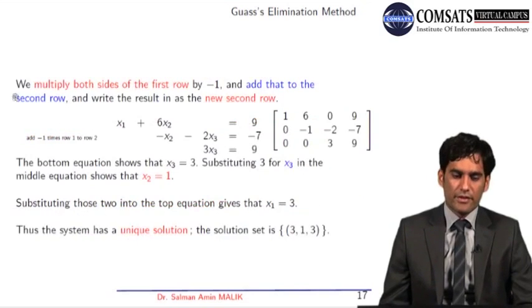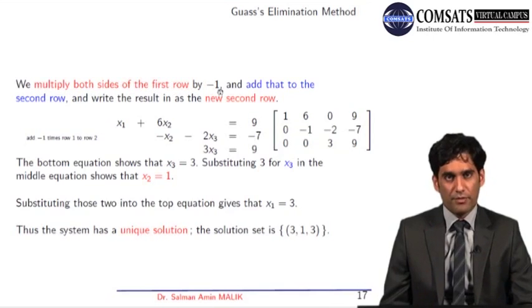The third thing is we multiply both sides of the first row by -1 and add that to the second row and write the result as a third row. So I multiplied the first row by -1 and add to the second row.